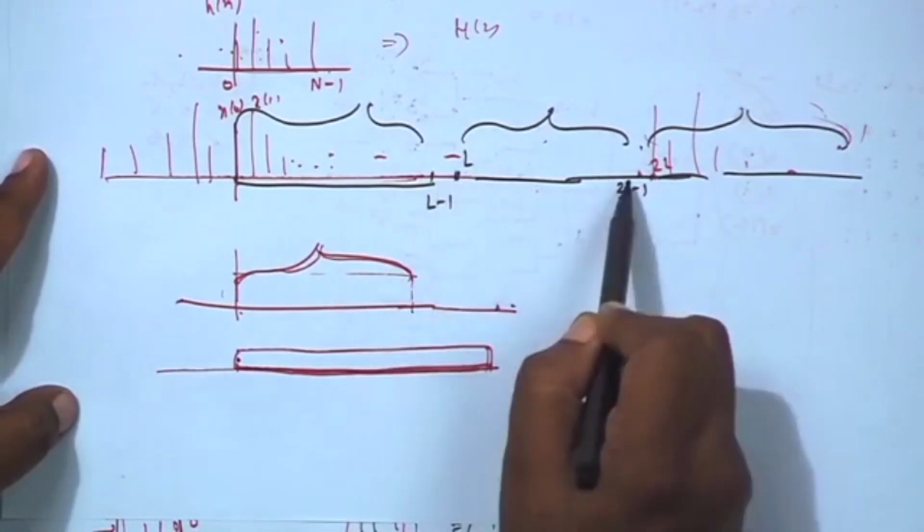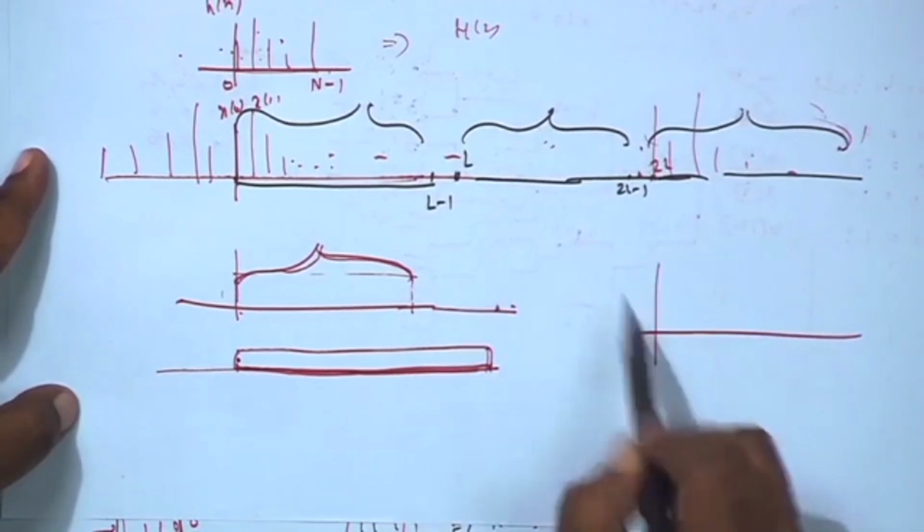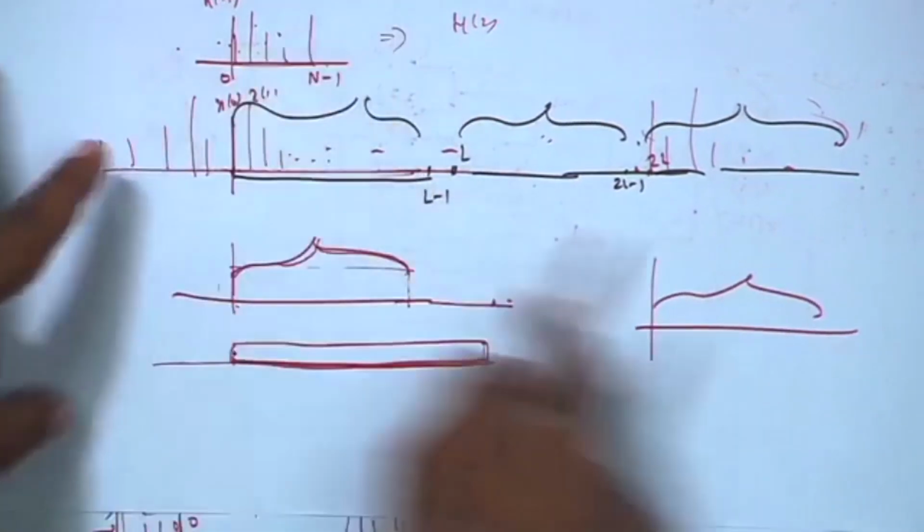Then for convolution between this and this, what to do? You bring this block, as I told you, here and convolve this with this.